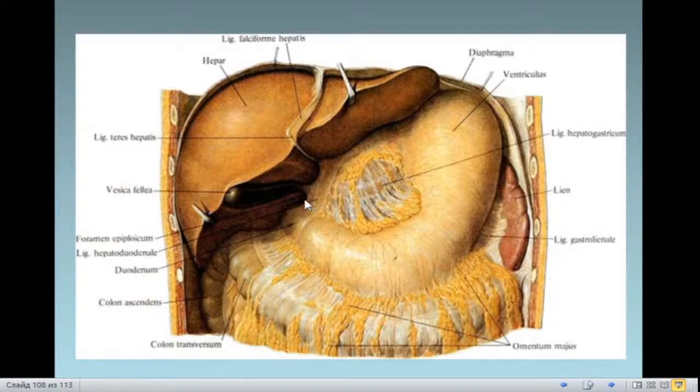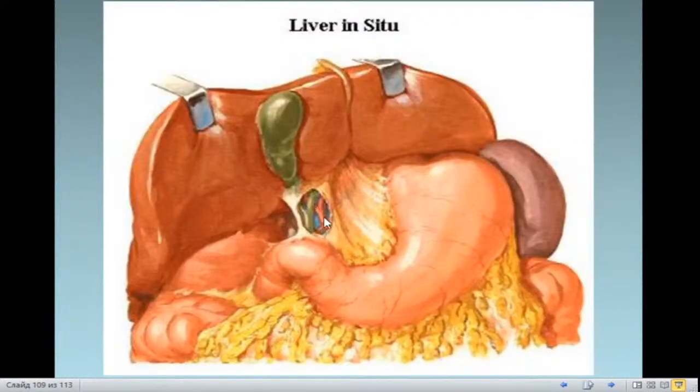Only a small foramen, called foramen epiploicum, leads to the omental bursa. Why is it necessary to know? Because if there is a perforated ulcer of the posterior wall of the stomach, you will not see it on the anterior surface. Instead you should check if this bursa, the bursa omentalis, is free of stomach content.